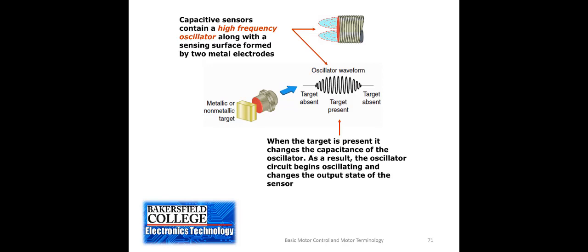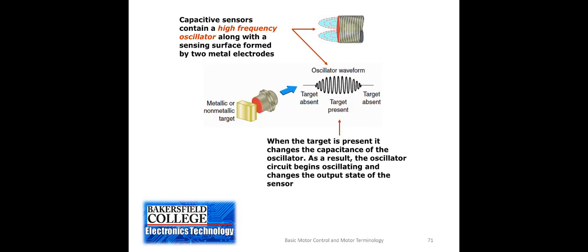In this case, it's a very poor capacitor and it doesn't oscillate in the electrical circuit. The frequency of oscillation is really a function of that capacitance. However, when you put an object in proximity of a capacitive sensor, that object becomes part of the capacitor.